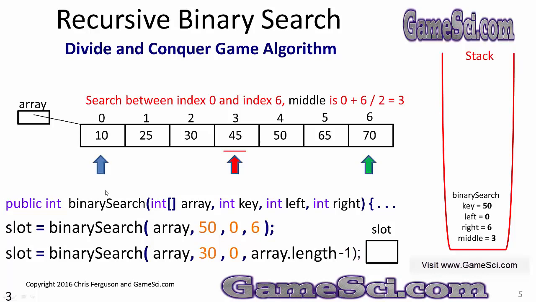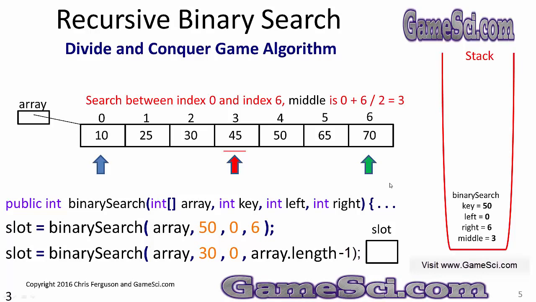Here's the lower bound over here, and there's the upper bound, 6, over here. Now the middle of that data is going to be slot 3. So the middle value that we're going to start our search at is right there at position 3. Remember, binary search says go to the middle of the data and decide whether to search left or right.